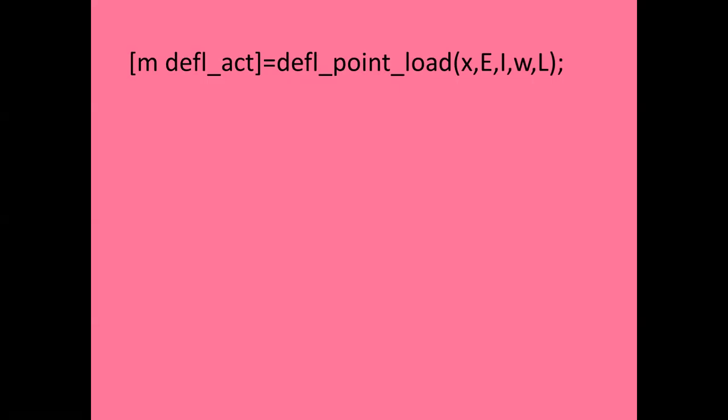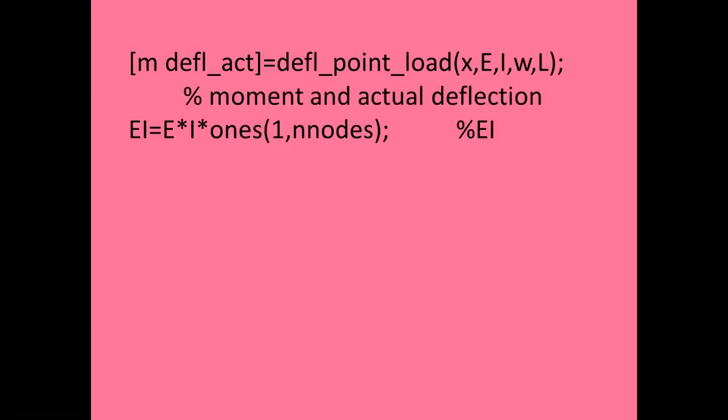Coming to the next line of the program, EI is equal to E multiplied by I into ones 1 comma NNODES. Now the meaning of E and I is clear. These are elasticity and area moment of inertia, of course.